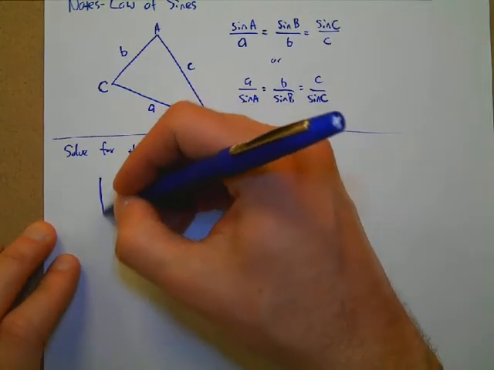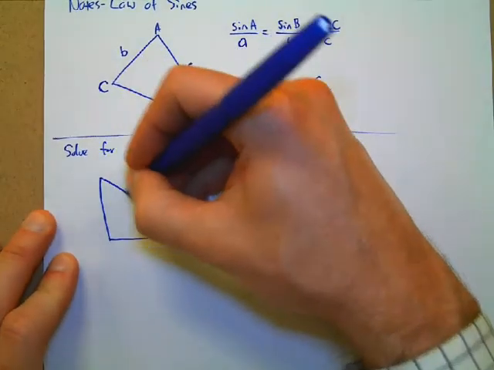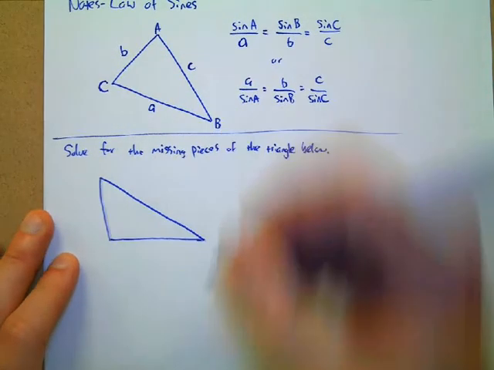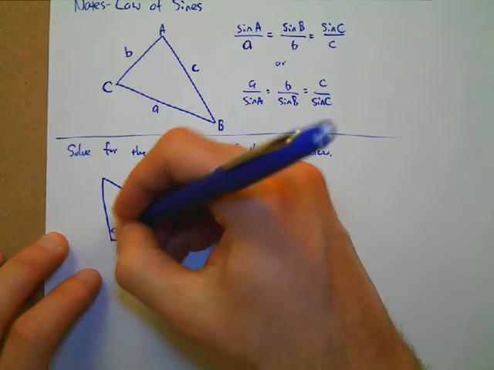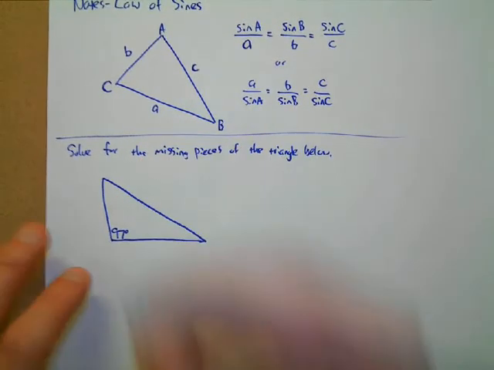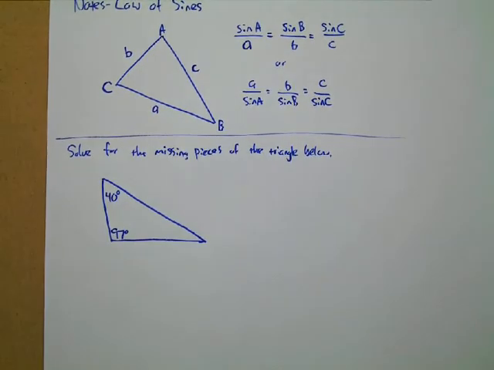So I'll draw a triangle here, and I'll label some things. Let's say this is 97 degrees. Let's say this is 40 degrees. And let's say this side is 22 here.